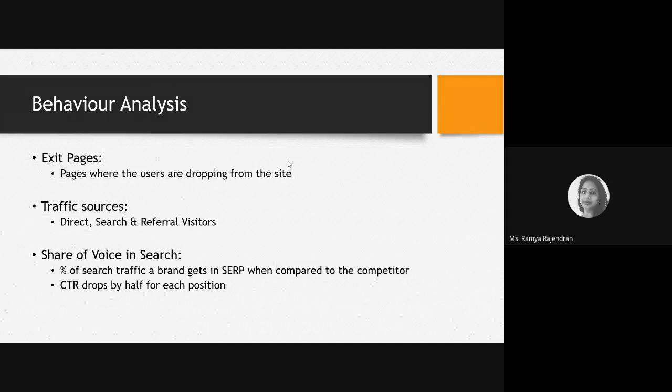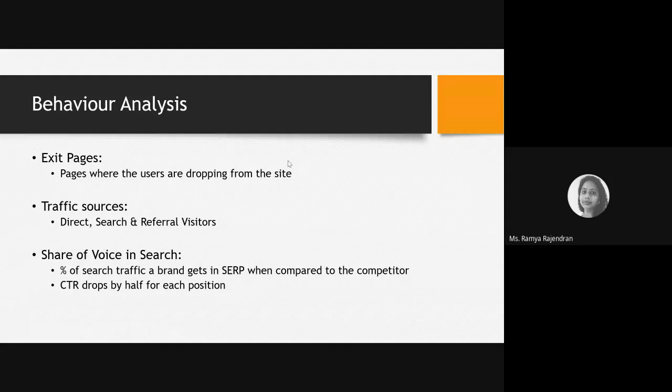Whereas when you Google it and click on the SERPs, that's a search visit. And when you get the links from your Facebook or LinkedIn page, or from any of the blogs, or you get it shared from your friend, it is called referral visitors.